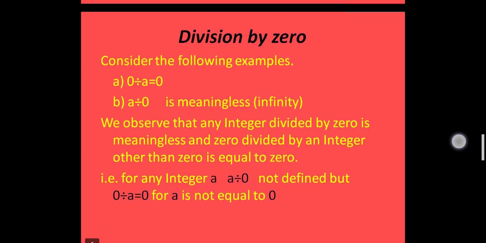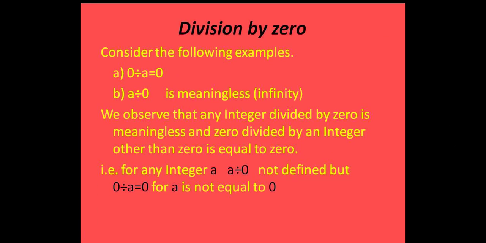Next, I will go to the division by 0. Consider the following examples. First one, 0 divided by a is equal to 0. Second one, a divided by 0 is meaningless, that is infinity.